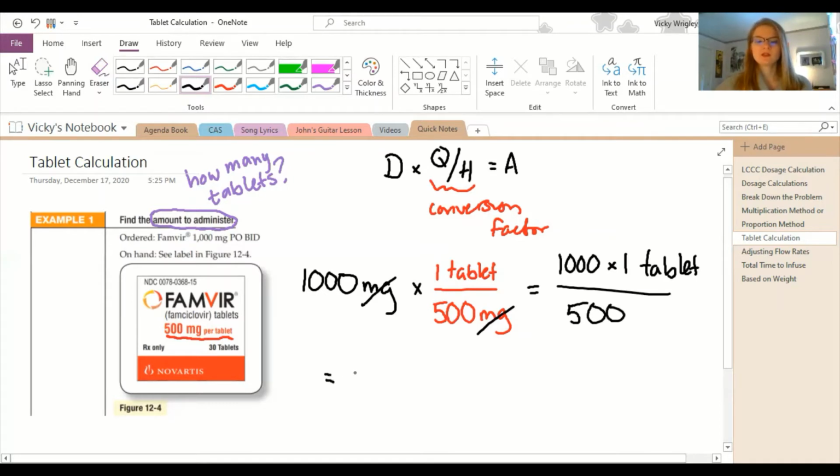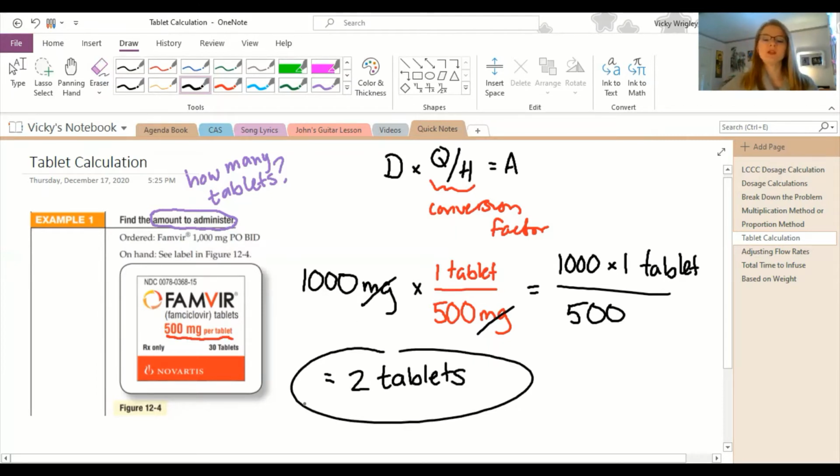And if you do this math here, that's 1,000 on the top. 1,000 divided by 500 is going to give you 2. So this patient needs to take 2 tablets of Famvir here in order to get 1,000 milligrams of the drug.